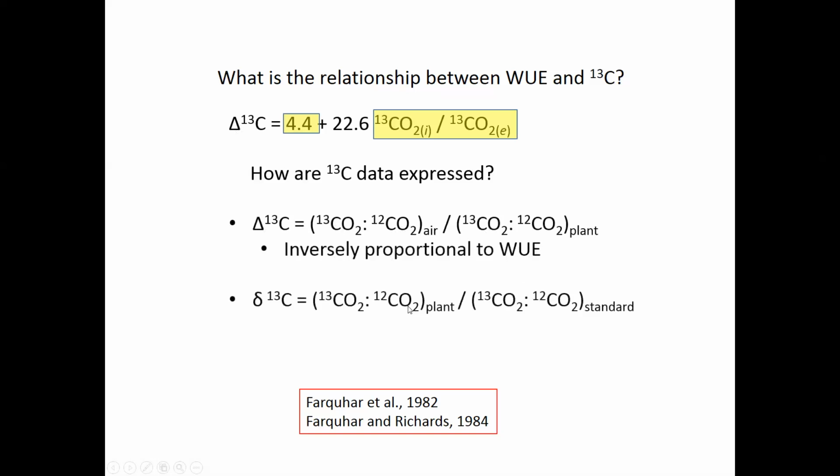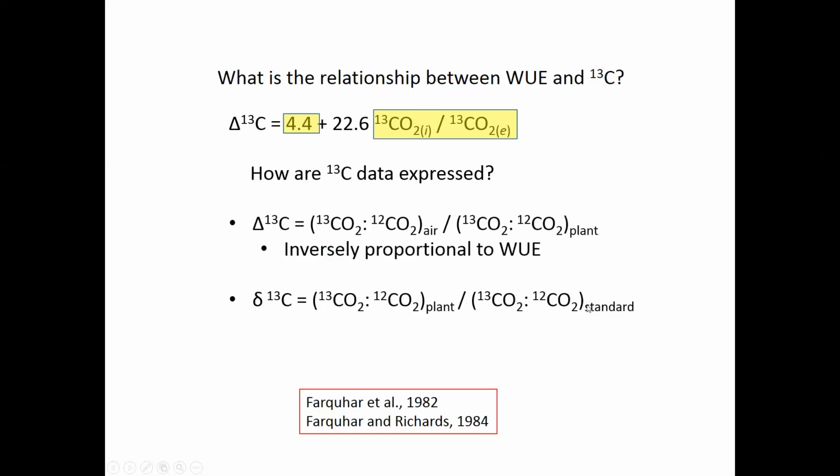We've taken a little bit different expression, as have many others, and we distinguish this from carbon isotope discrimination by using a small delta. In this case, we're looking at the C13 to C12 ratio in plant tissue divided by the C13 to C12 ratio in a standard.